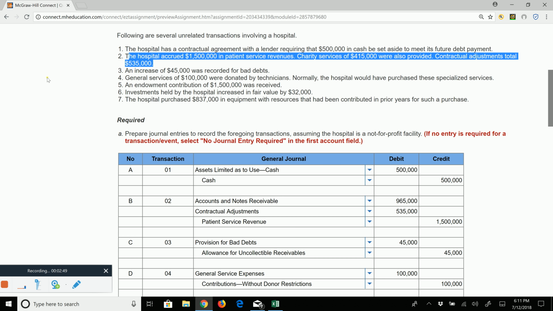Now, if you recall, charity service means that the hospital has provided services to patients that have a demonstrated inability to pay. The example I like to give is the homeless person going into the emergency room at 3 a.m. who needed immediate medical help.